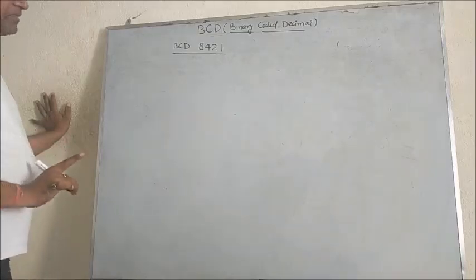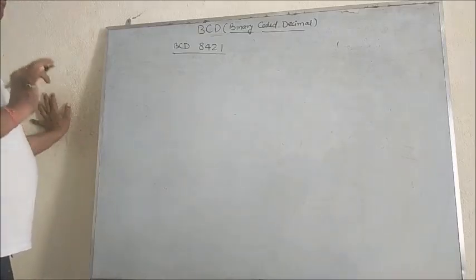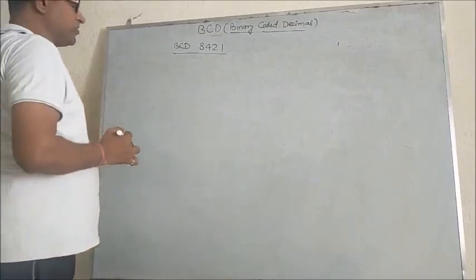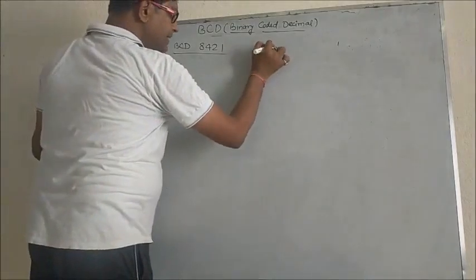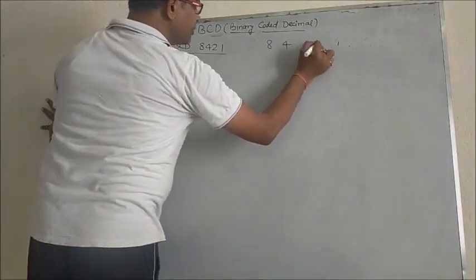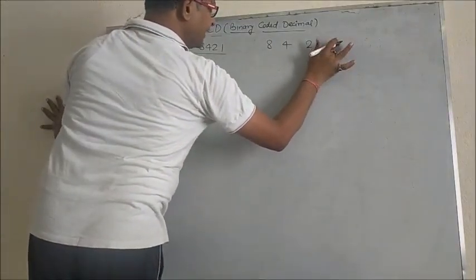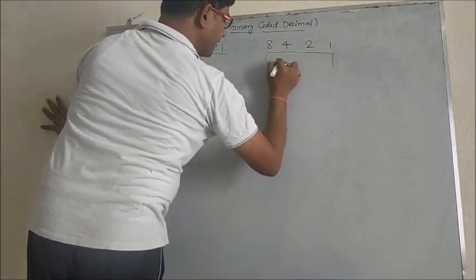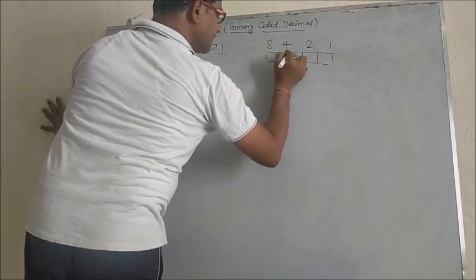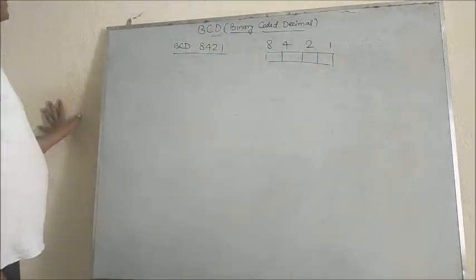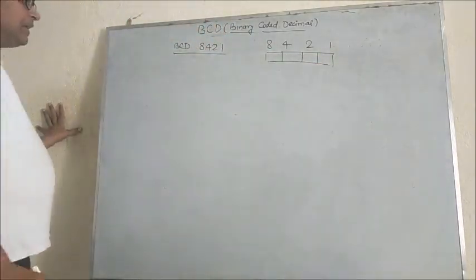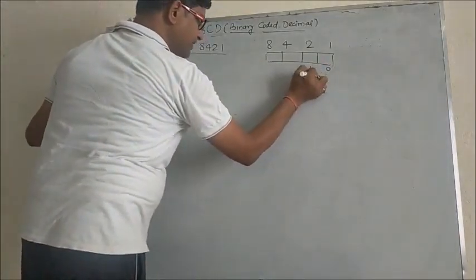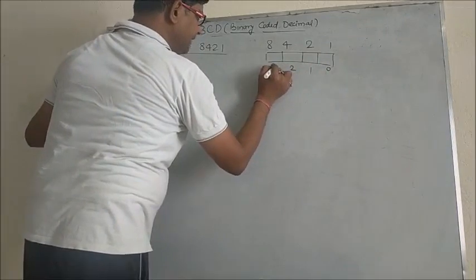To refer, we are using only 4 bits to represent a binary number, right? How is it possible? That is 8 4 2 1. 8 means 2 raised to power 3, since the powers start from 0, then 1, 2 and 3.